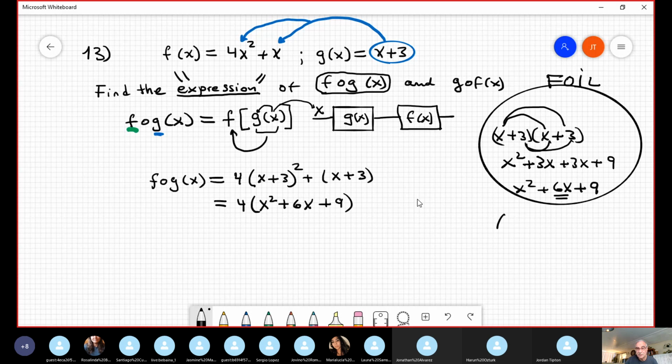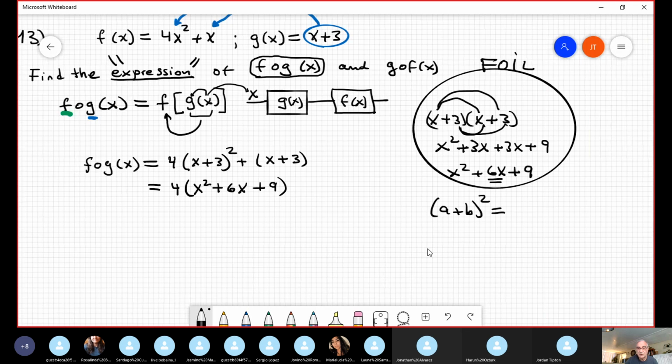Now the formula for a plus b squared is a squared plus twice ab plus b squared. It's minus here and minus here, and always plus on the second side.